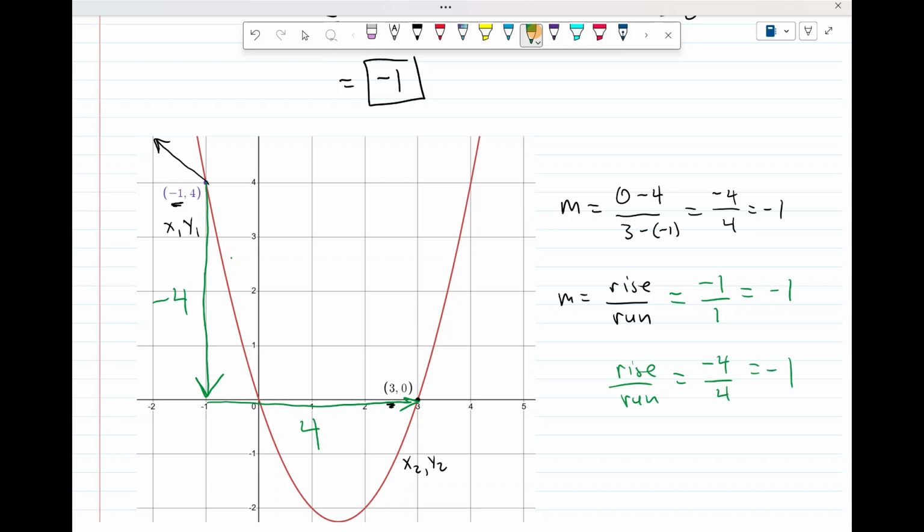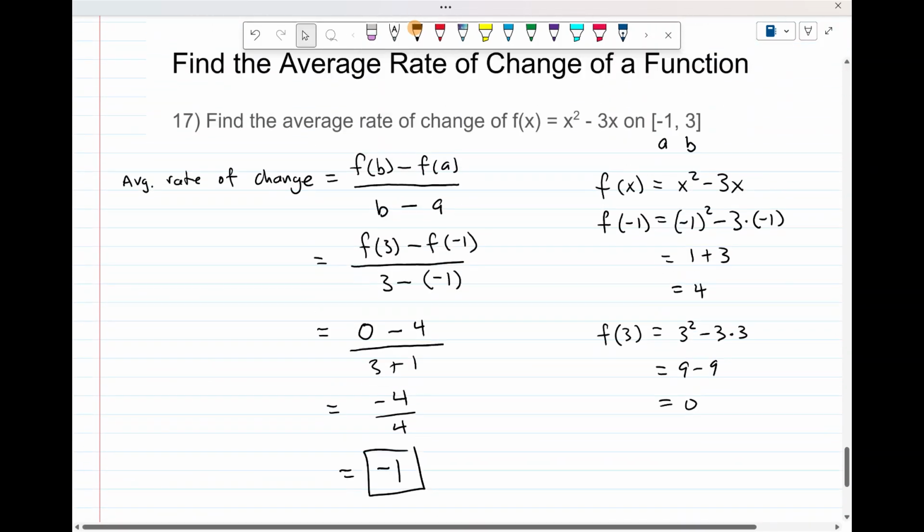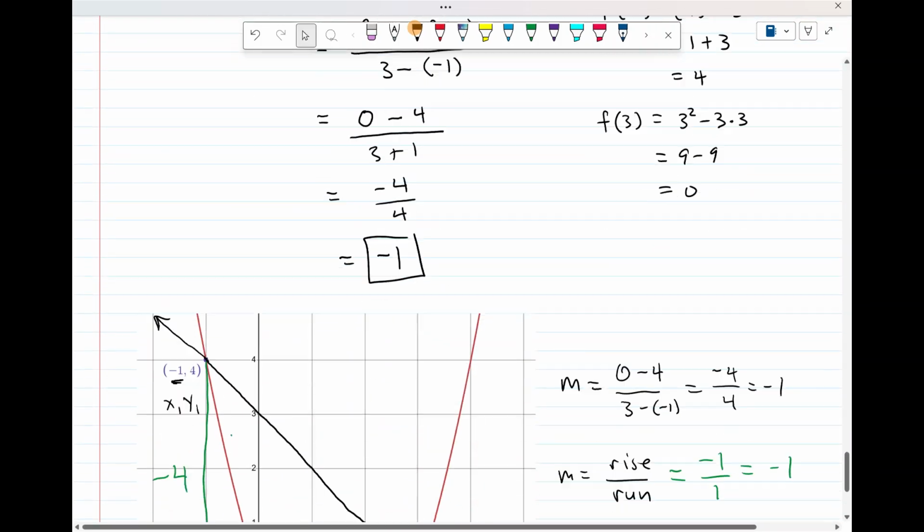Okay, so again, when you think of average rate of change, the way I would think about it is find those 2 points that are on the line. In this case, we were trying to go in between negative 1 and 3.